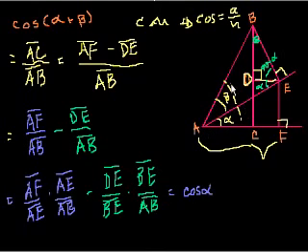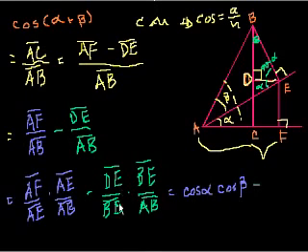It's similar. If we look at this big right triangle right here, that is the adjacent over the hypotenuse for beta. So that's cosine of beta.